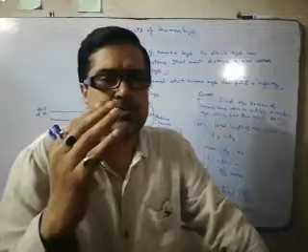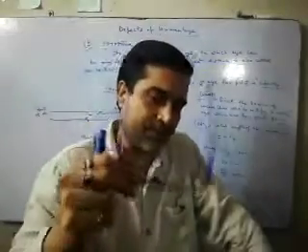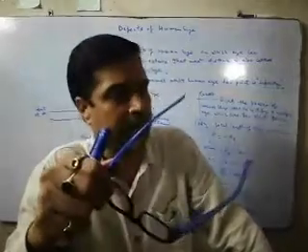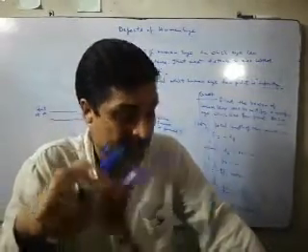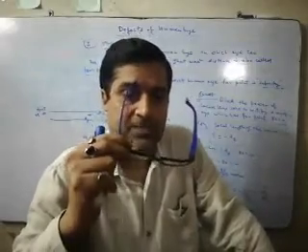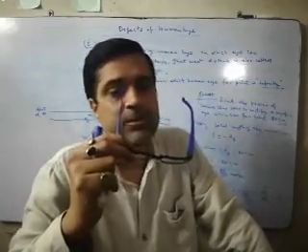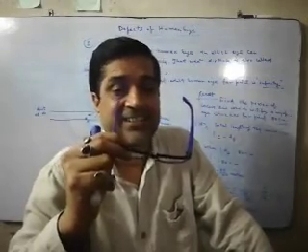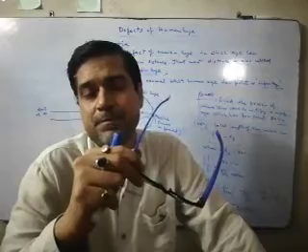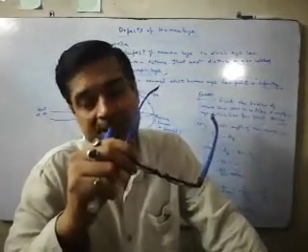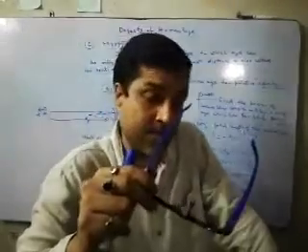If I am suffering with hypermetropia, then I get problems in reading books. That means objects at 25 centimeter, mainly reading and writing, become difficult. That is the defect of the human eye known as hypermetropia.